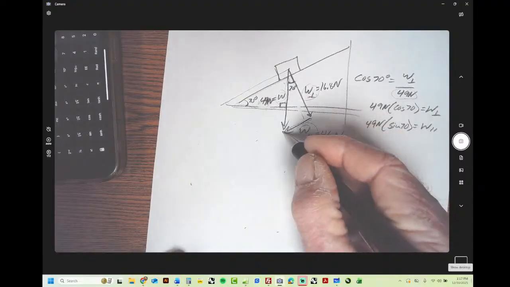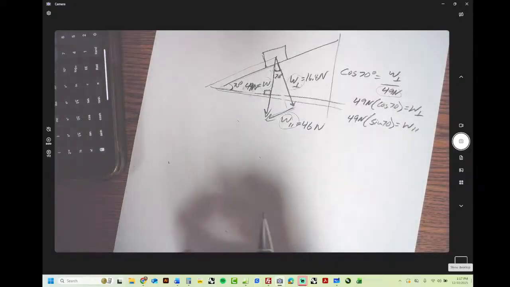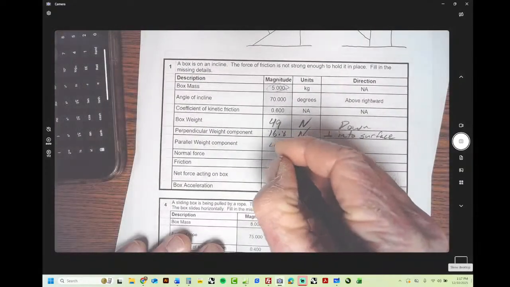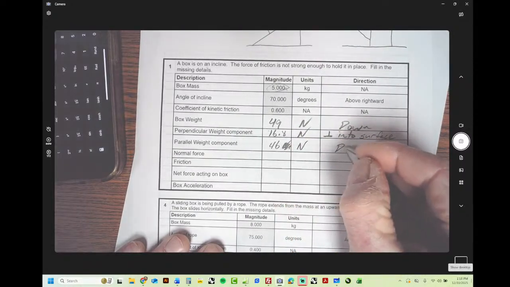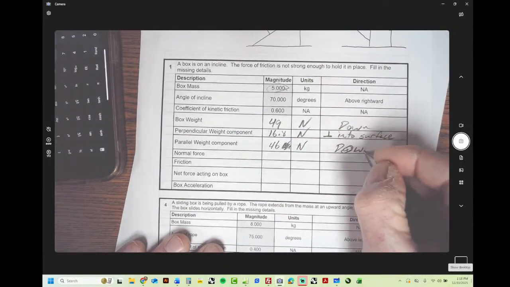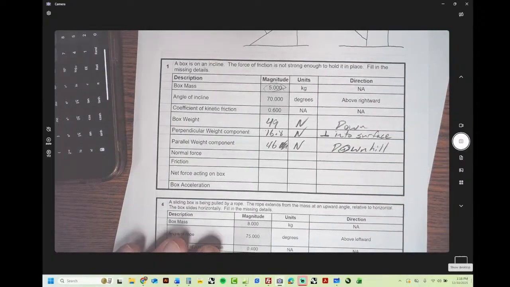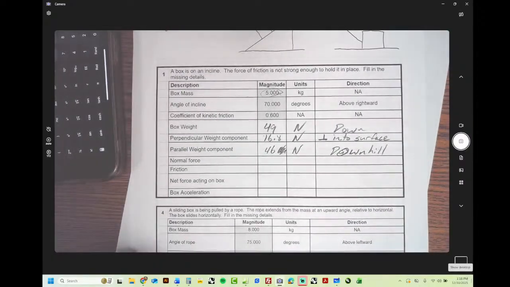The direction of this is just downhill. Okay, I'm going to be neater.